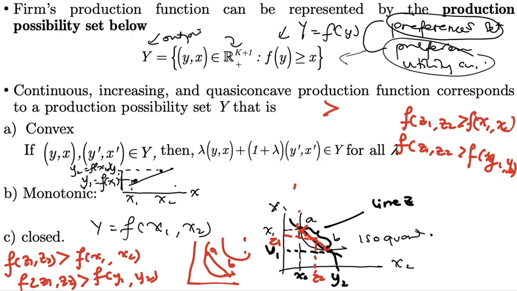So this is monotonicity. Okay, so if you have x2 greater than x1, this implies y2 greater than y1. But in the case of a production function, it has to be something like this, yeah. So this is what monotonicity is also.